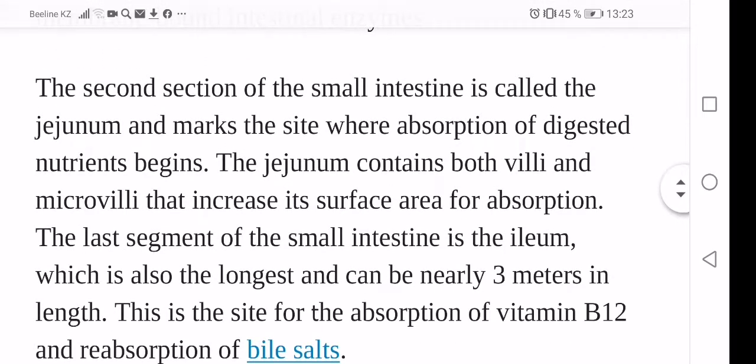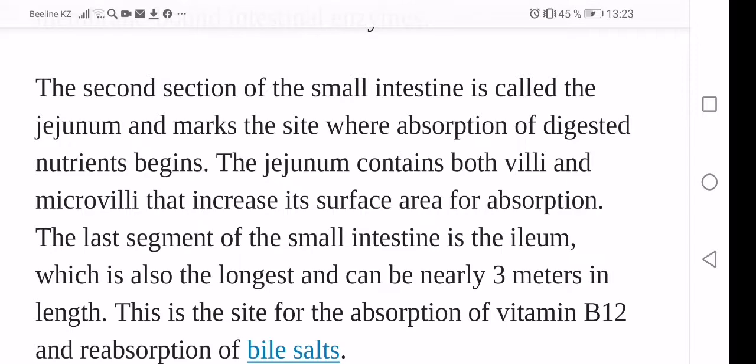The second section of the small intestine is called the jejunum and marks the site where absorption of digested nutrients begins. The jejunum contains both villi and microvilli that increase its surface area for absorption.